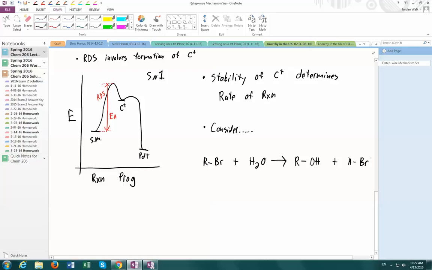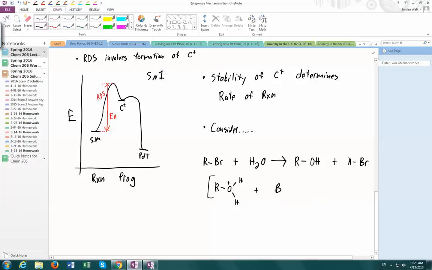Let's think about how we can go from water to an alcohol. So we know that if our water attacked a carbocation, we would end up with ROH like this. And so we always want to get to a stable product. So how do we go from this to a stable product? We deprotonate, right? And so often there's going to be some deprotonation steps necessary.